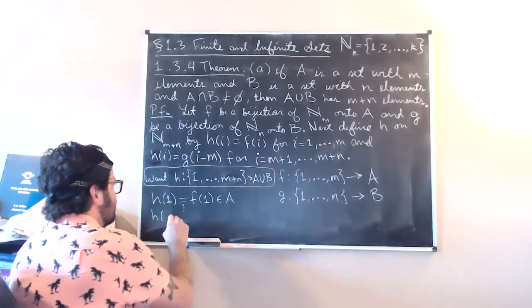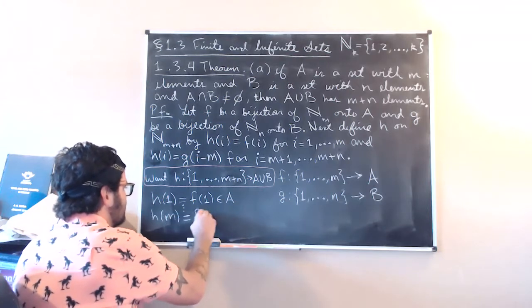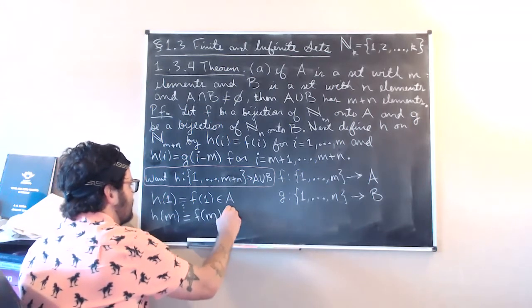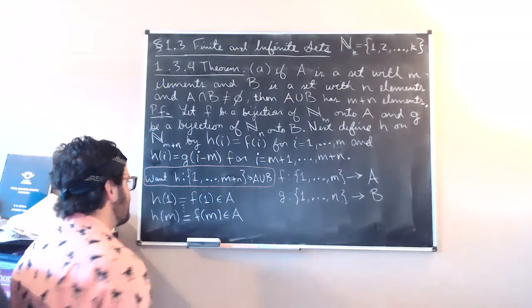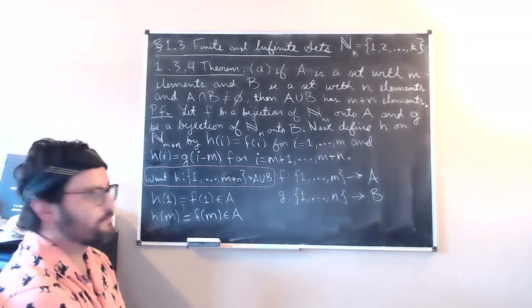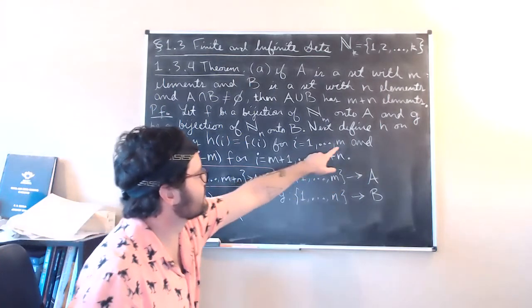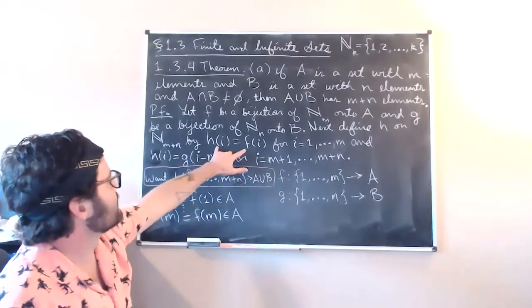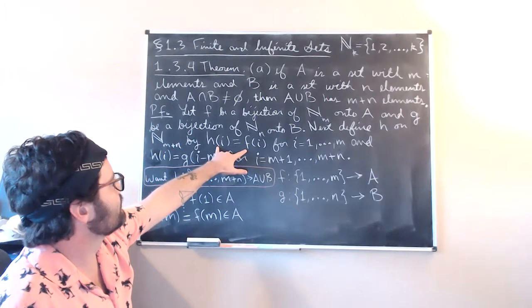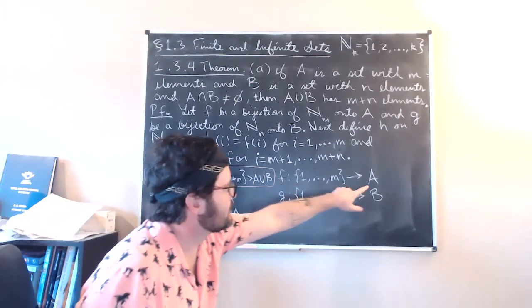What's H of m? Well, that's equal to F of m, which is also an element of A. Right? Because I is less than or equal to m, so we're in this case here. So F at m is going to be in A.